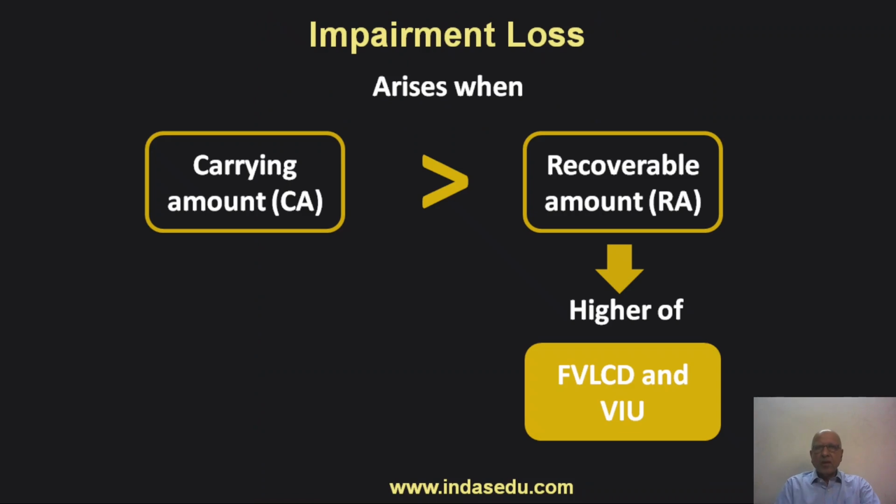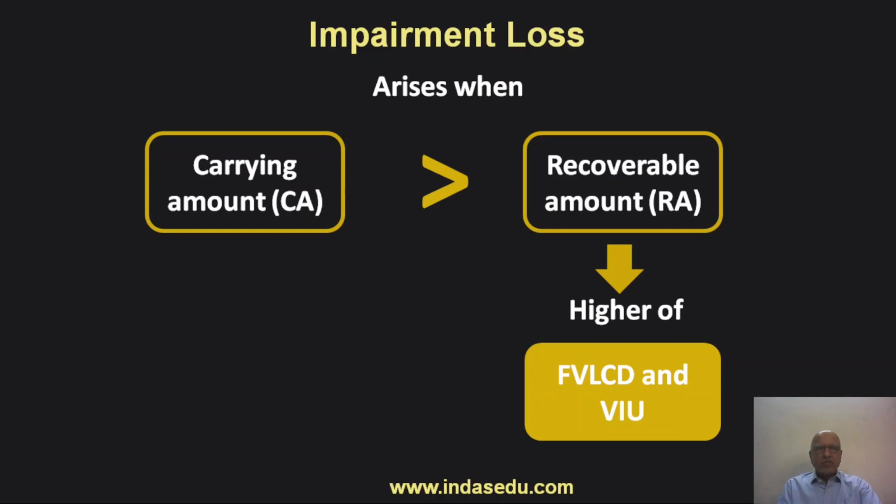Next, impairment loss arises when carrying amount is more than the recoverable amount. The recoverable amount is the higher of fair value less cost of disposal and value in use. What is carrying amount?